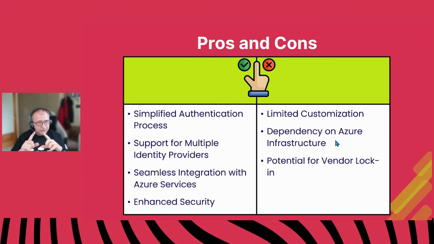This is a problem you can have during tests, because you need to create your own middleware to inject fake security headers when you test on your machine. It depends on Azure, so it is a great limitation, and maybe a vendor lock-in because it works only on Azure.